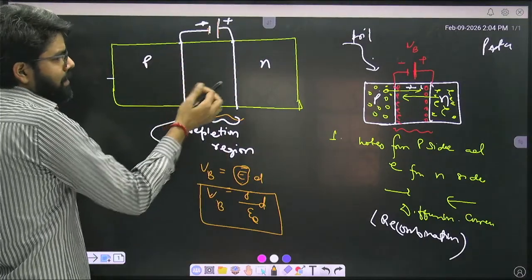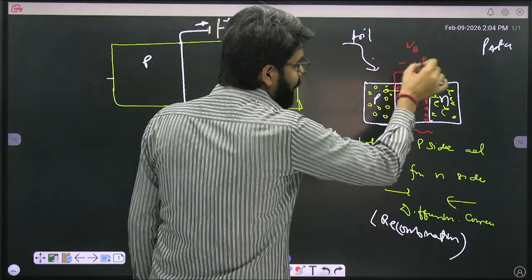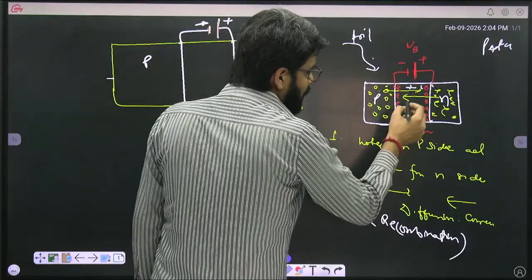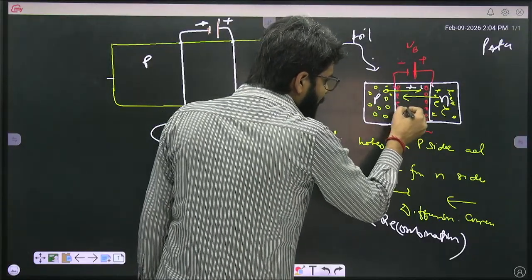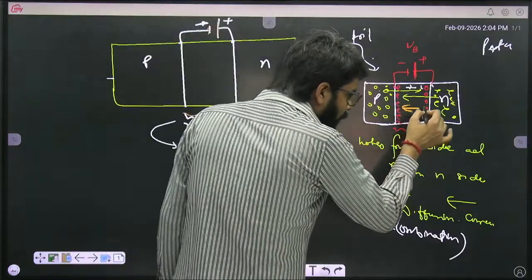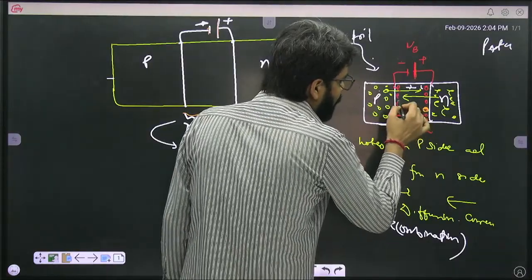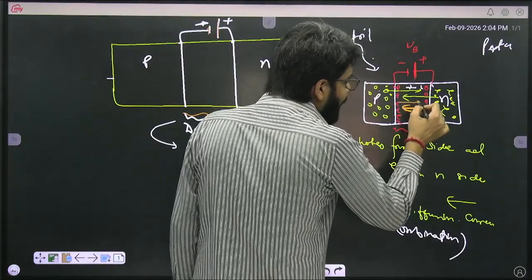Now at a later stage, when this potential is developed, there is an electric field in this direction. So the hole will get a force along the electric field, and the electron will get a force in the opposite direction of the electric field.